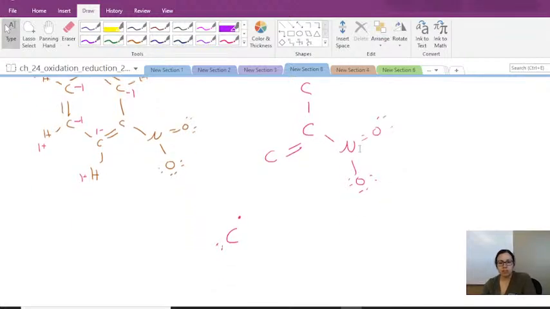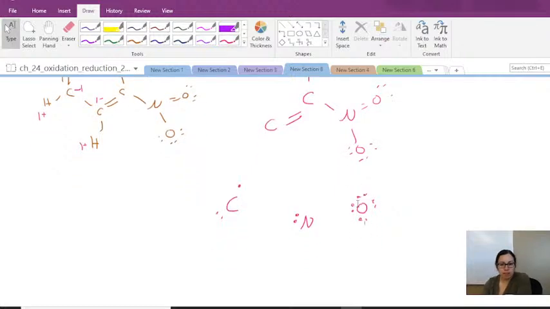So nitrogen takes those 2 electrons from the bond, and then now, which one's more electronegative though, nitrogen or oxygen? Oxygen. So now oxygen takes all these. And so we get something that looks like this for our analysis.